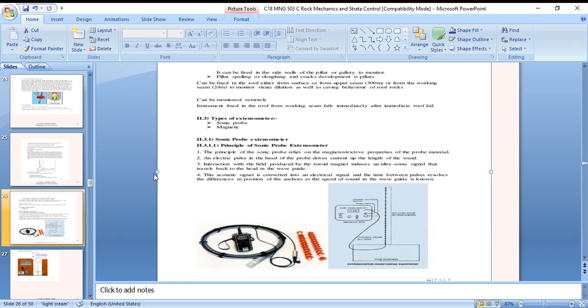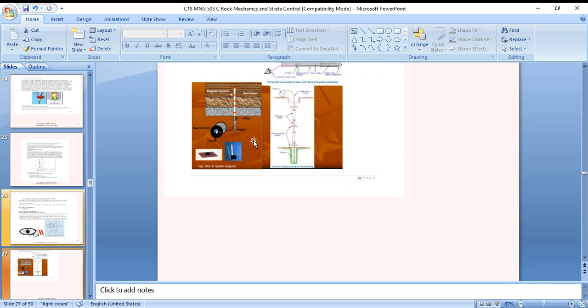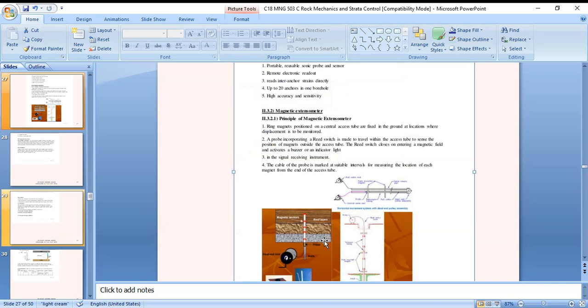So this is another principle, the sonic probe extensometer for borehole operations. It is very clearly mentioned for the borehole.